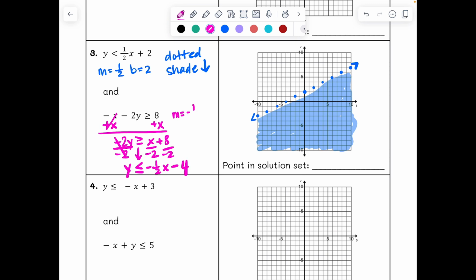So slope is negative 1 over 2. The y-intercept is negative 4. This will be a solid line, and we're going to shade down. So negative 4, and we'll go down 1 over 2. And this is a solid line.